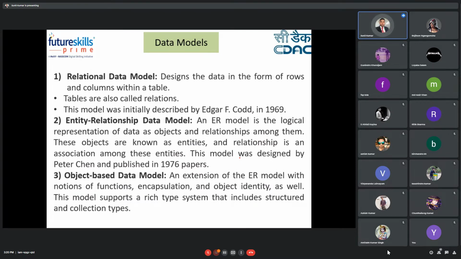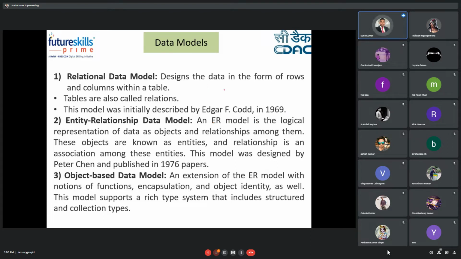First one, relational data model. I have already explained the relational data model in an earlier topic. I can give you a little bit of a view. Basically, the relational data model stores data in the form of tables, and the tables are called relations. This model was launched in 1969 by Edgar F. Codd, right?